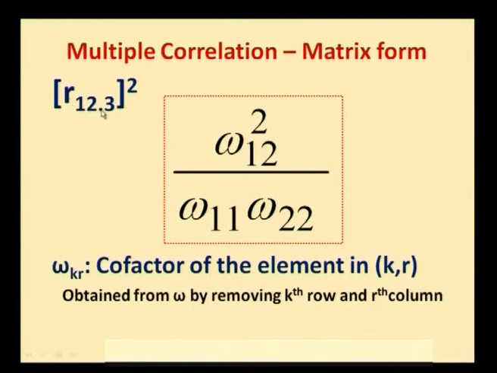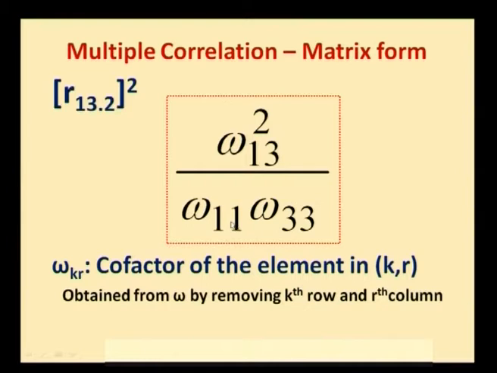For example, 1 3 dot 2 will have omega 1 1 and omega 3 3. The notations are not new as far as this discussion is concerned, because we are already involved with those kinds of things. It is obtained from the original 3 by 3 determinant by removing the kth row and rth column.